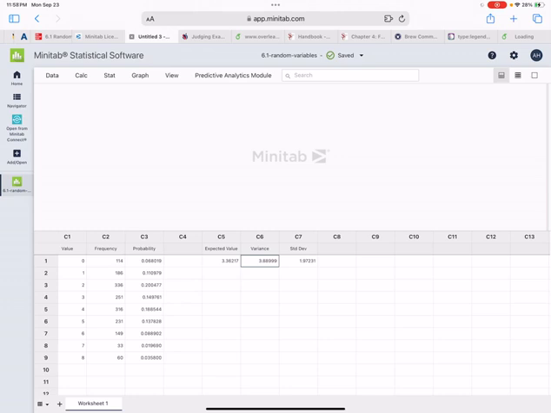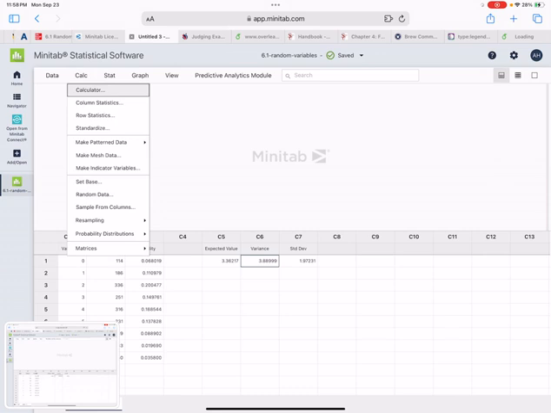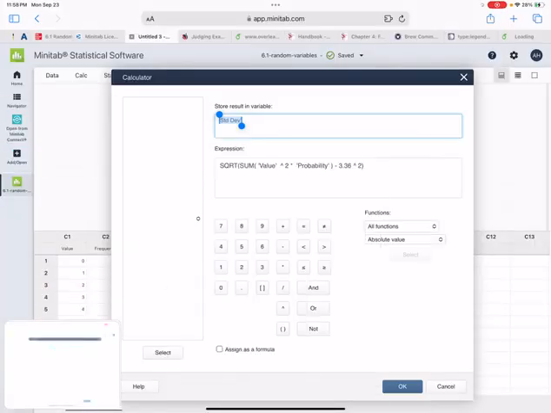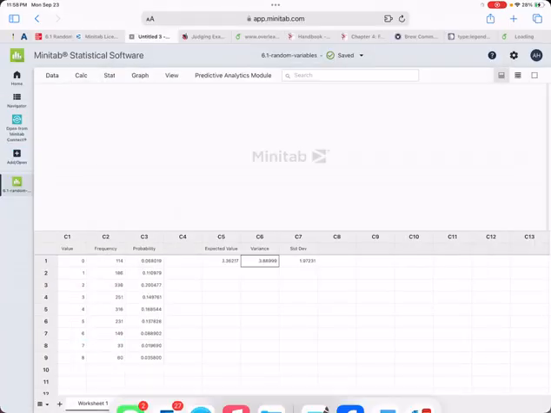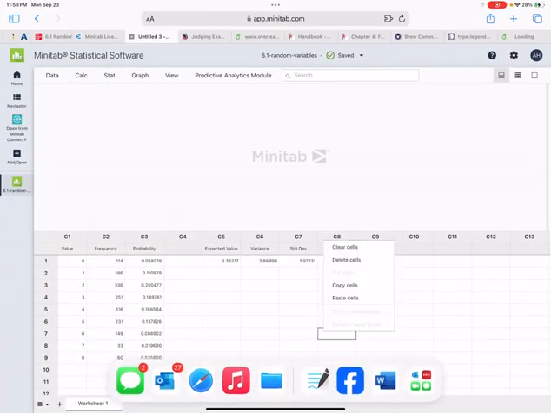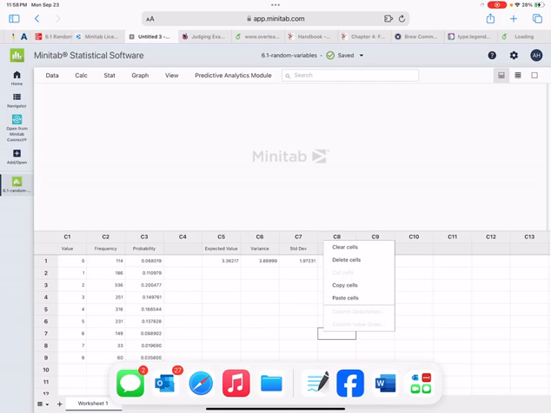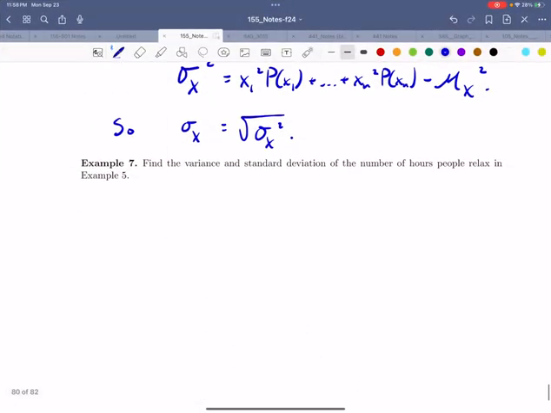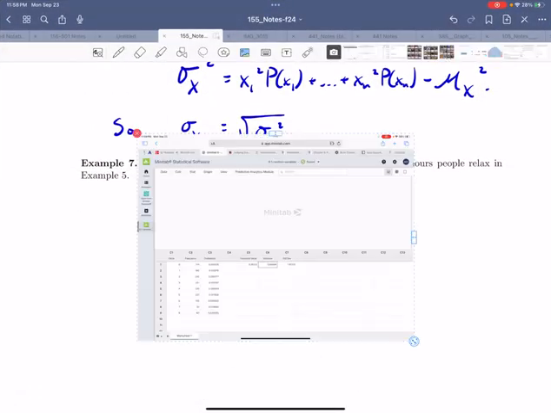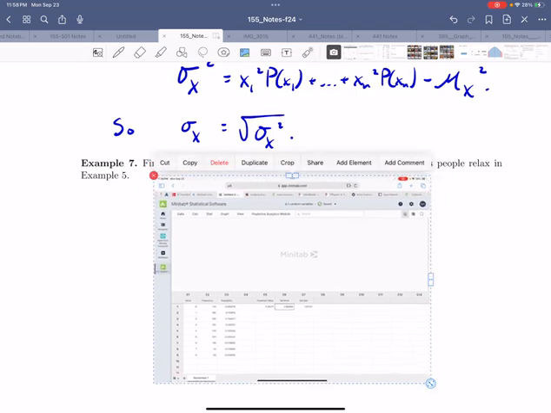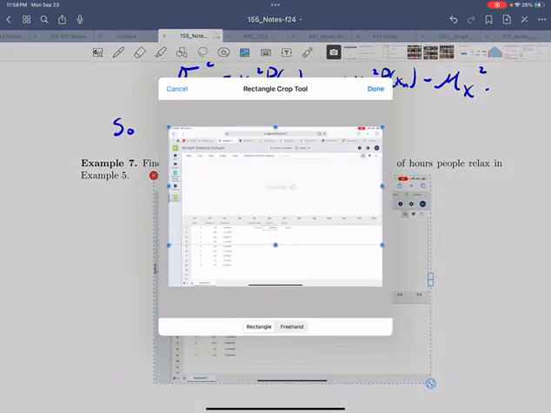I do want to actually get this in the calculator too. I want to show you how we did that. Let's just crop this super quick.